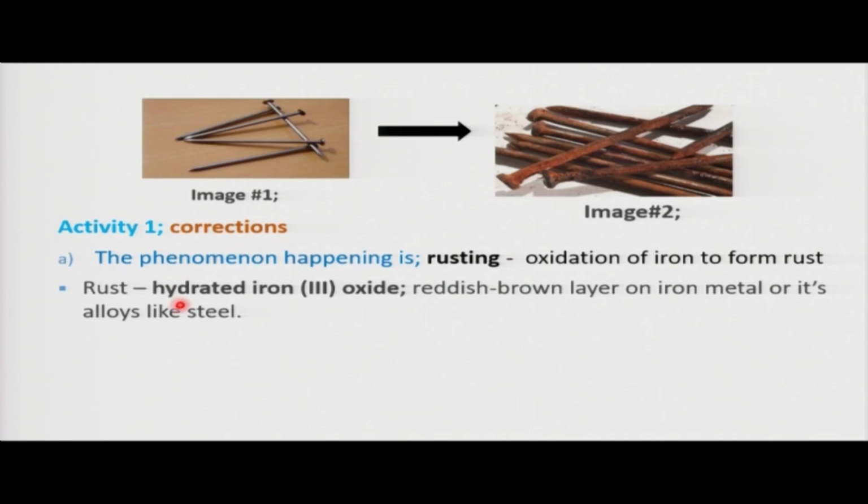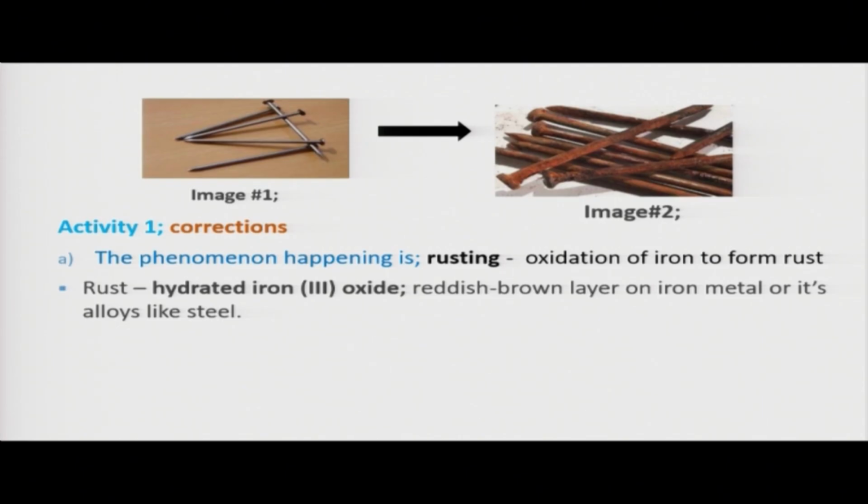And rust, we know, is hydrated iron(III) oxide. This brown layer that you see, compared with the steel or iron that is clearly not put to use here. So we all agree that there has been rusting which occurred.